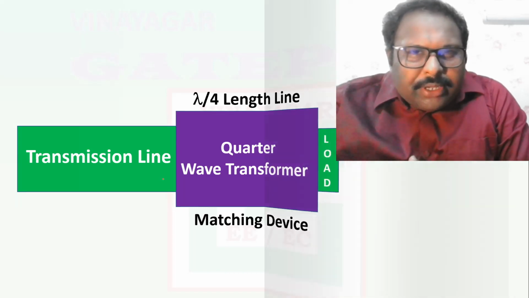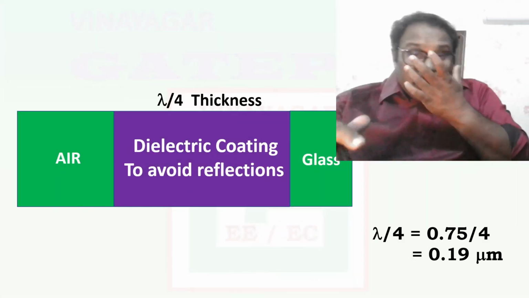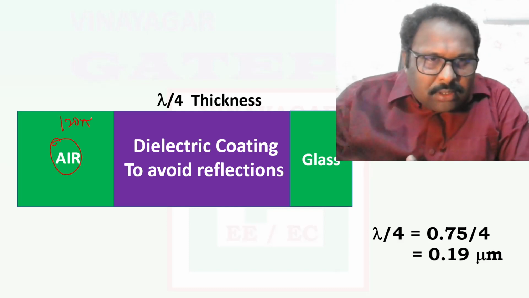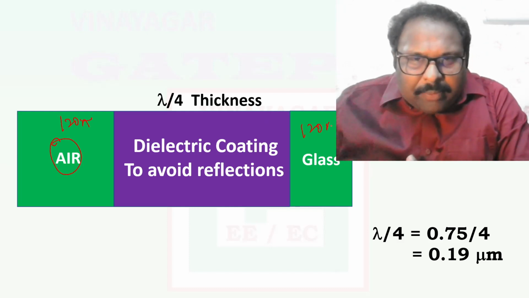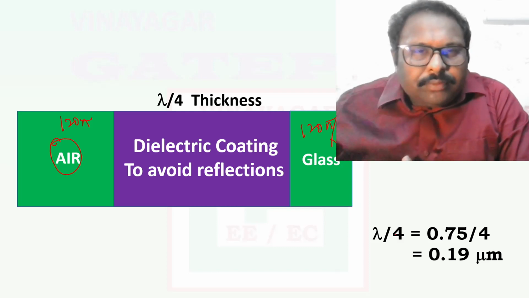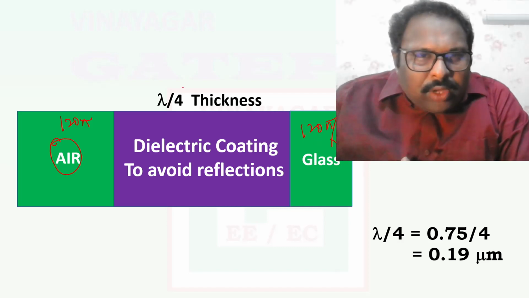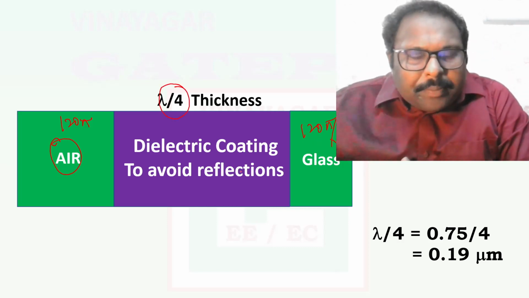That's exactly the principle here also. You are having air of 120 pi impedance, glass of some 120 pi by root epsilon r impedance. You are seeing that the air and glass mismatch and the reflections are minimized by going for a dielectric coating.